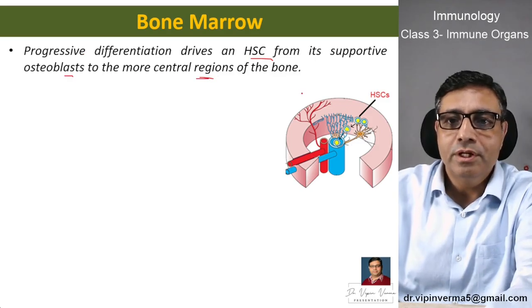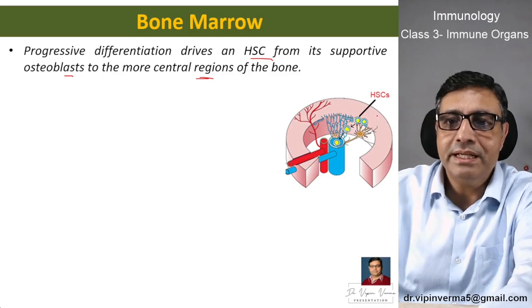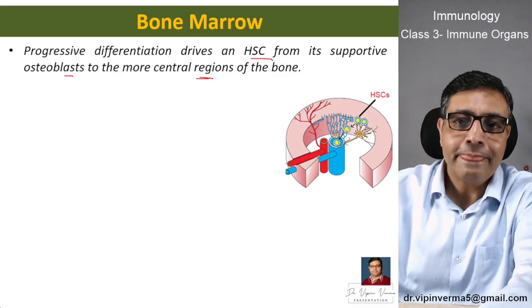All right. Now, progressive differentiation drives a hematopoietic stem cell from its supportive osteoblast to the more central region of the bone. Here you can see the hematopoietic stem cells near the periphery, so they are in the endosteal niche.